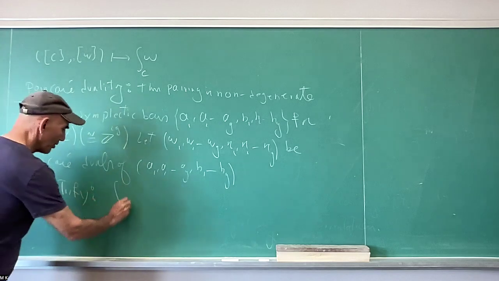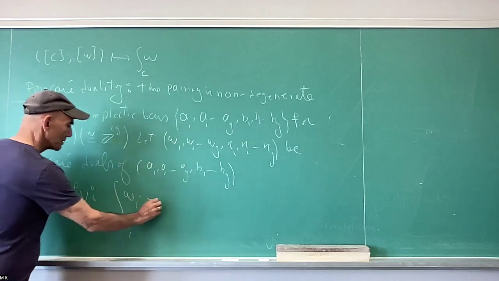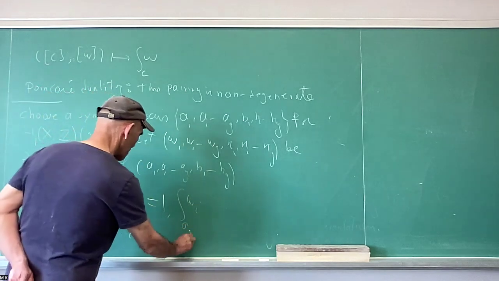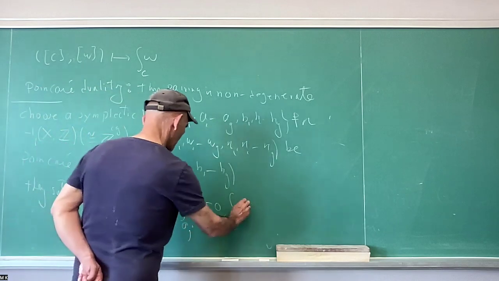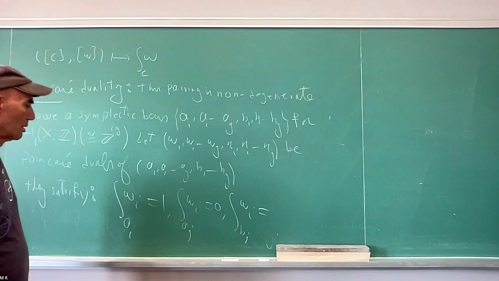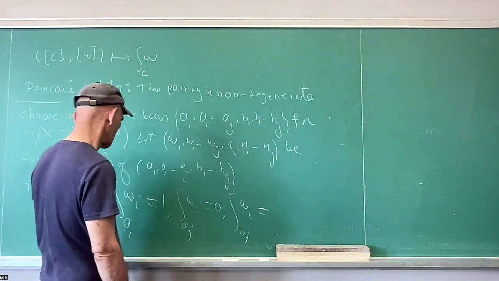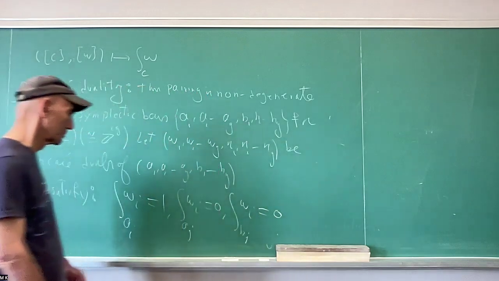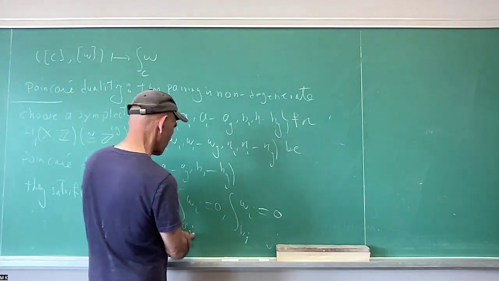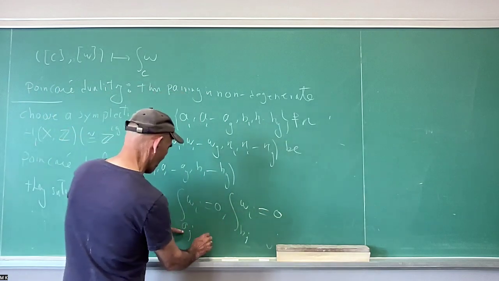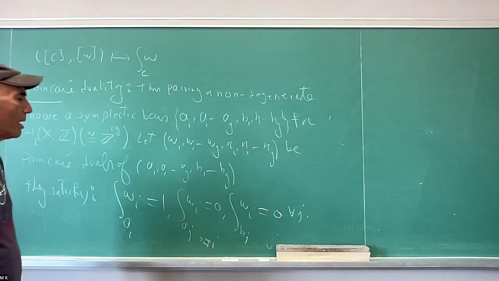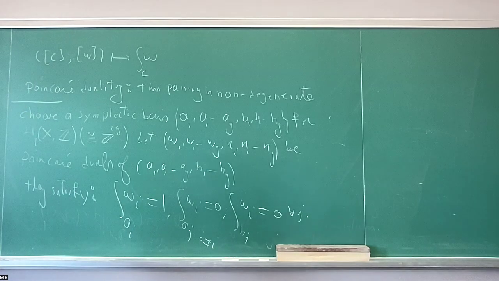The following conditions: the integral of omega I over AI is equal to 1, and the integral of omega I over AJ is equal to 0 for J different from I, and the integral of omega I over BJ is equal to 0, for all J. Question?